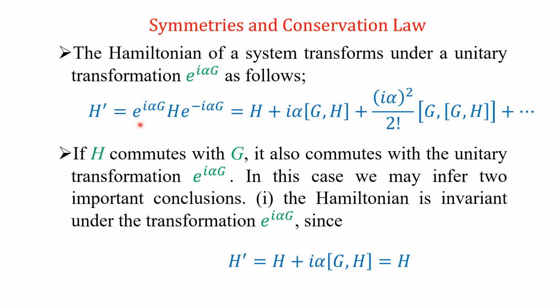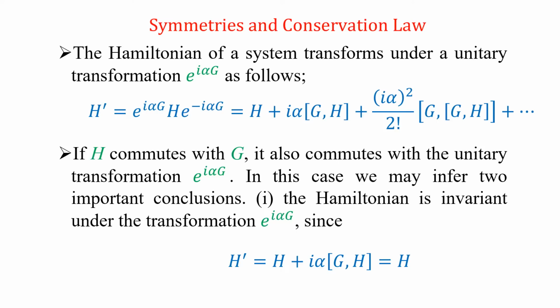H prime is equal to e power i alpha G H into e power minus i alpha G, which is equal to H plus i alpha commutation of G with H, plus i alpha squared over 2 factorial the commutation of G with the commutation of G with H. It will go on up to i alpha cubed over 3 factorial, up to n.